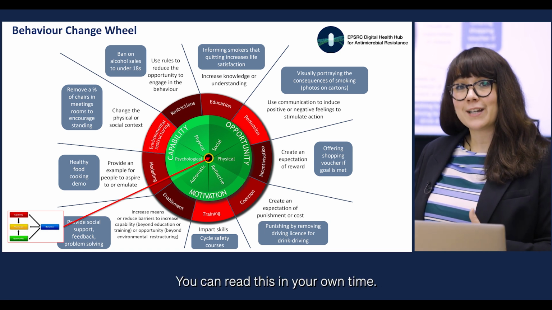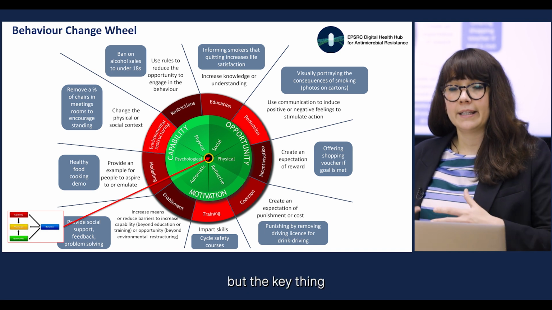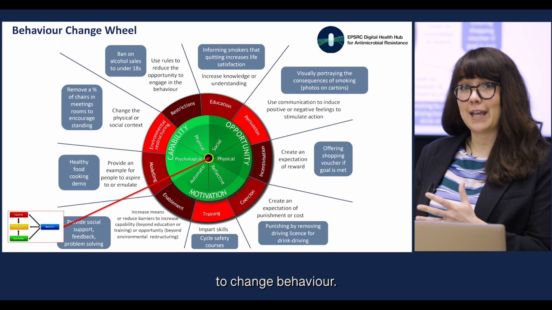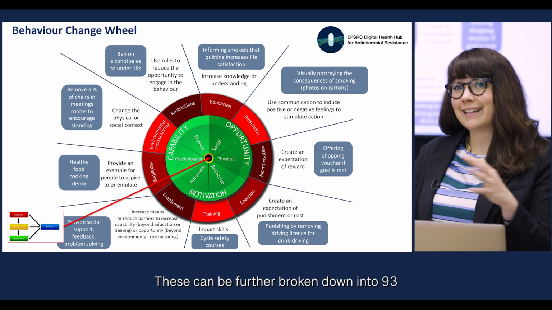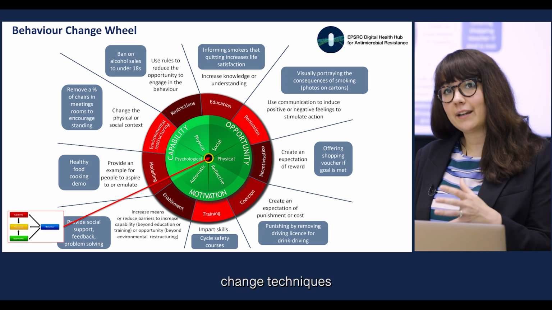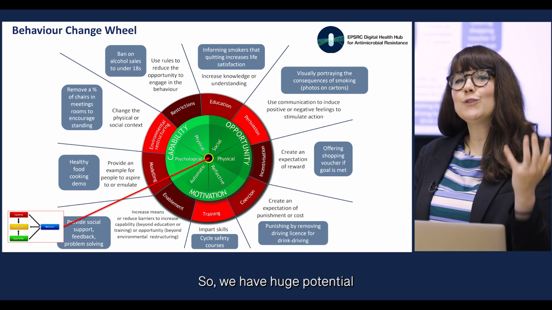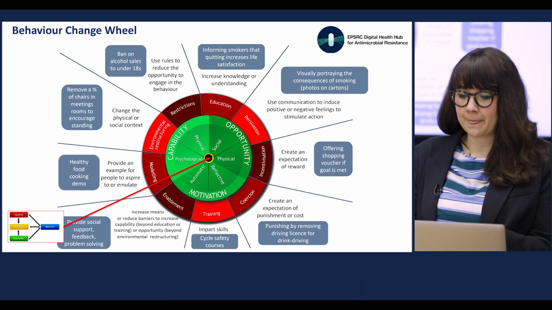You can read this in your own time. There are some definitions and examples of what these are in the broader context. But the key thing I want to take away from this slide is there are lots of different ways to change behavior. These are 9 broad strategies. These can be further broken down into 93 granular behavior change techniques that are defined in a behavior change technique taxonomy. So we have huge potential to try out different ways to change antimicrobial stewardship.